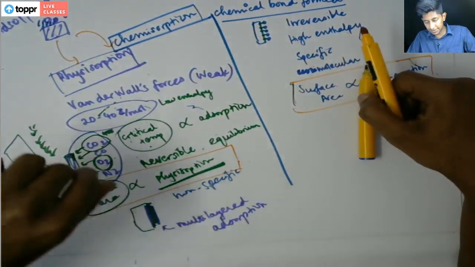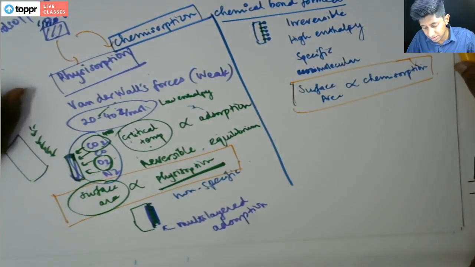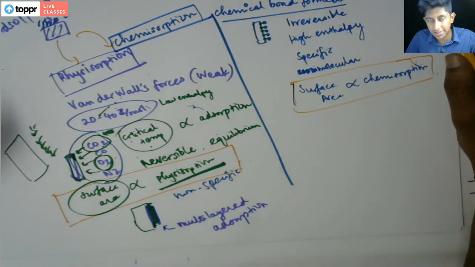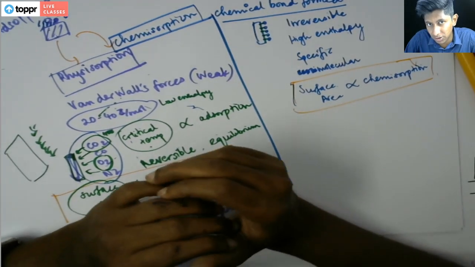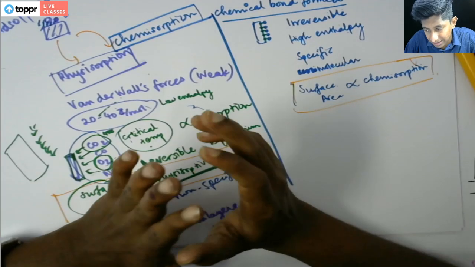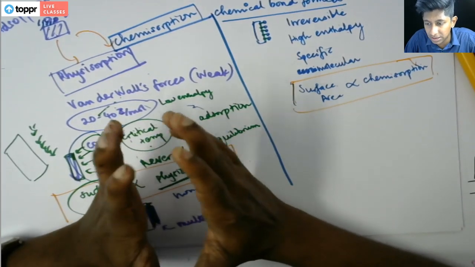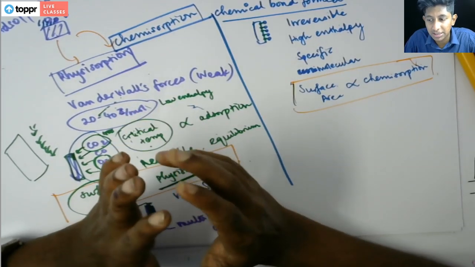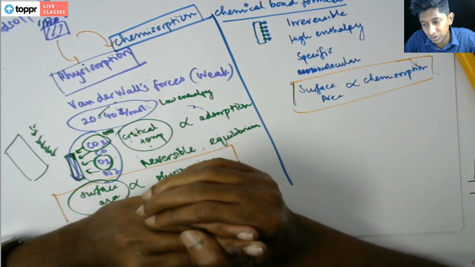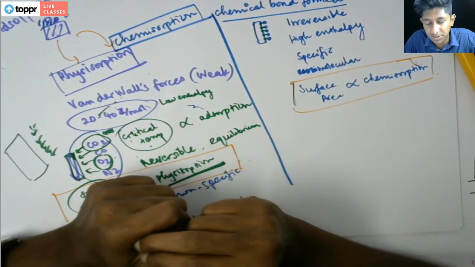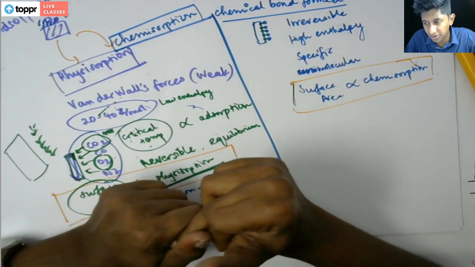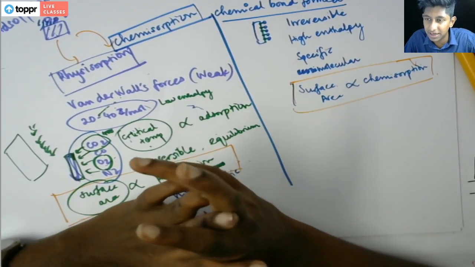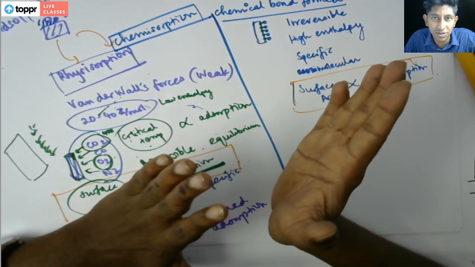So this is what we need to learn about physisorption and chemisorption. Mostly in cases where they ask you questions about the nature of adsorption, the key is: is there a certain condition given in the question that it is a physical change or a chemical change? That is all that you need to check, and using that there will be a lot of theoretical questions, wherein they'll give you an equation which is reversible initially, but then at a certain condition it becomes irreversible.